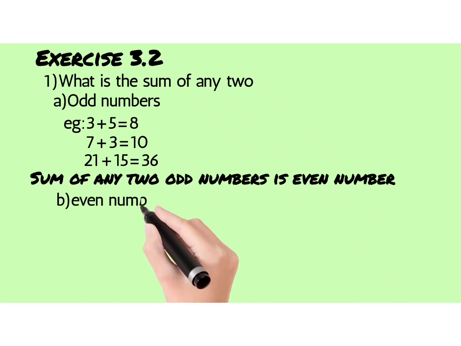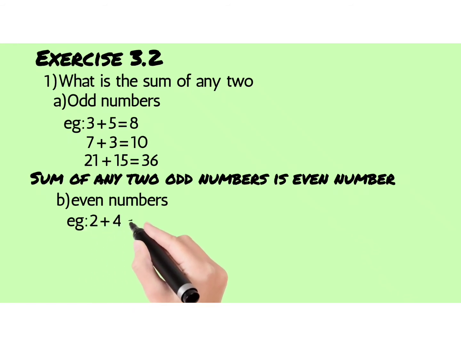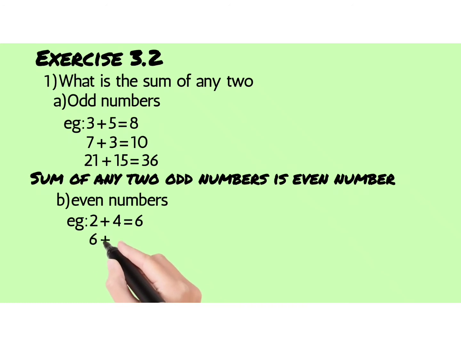Now B part, we have to find out the sum of any two even numbers. So let's take some examples. First, 2 plus 4 is equal to 6. 2 and 4 are even numbers and the sum is an even number. Next, 6 plus 6 is equal to 12. 12 is an even number.